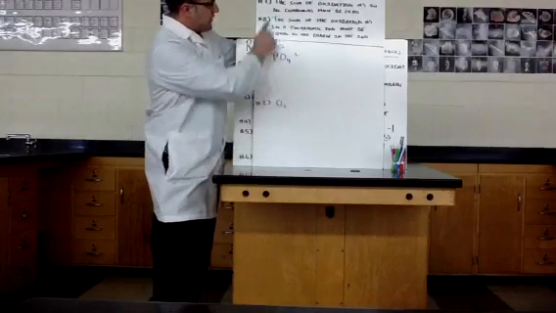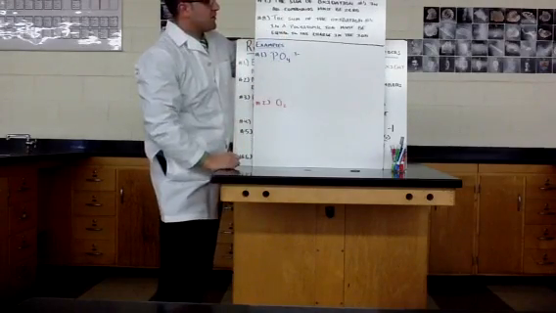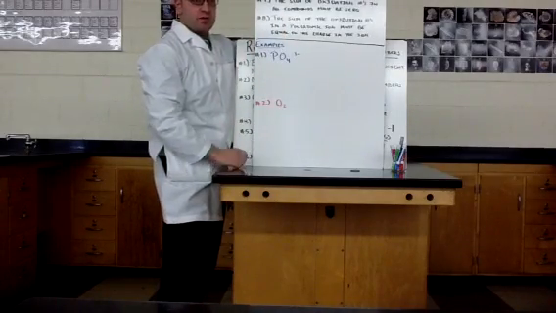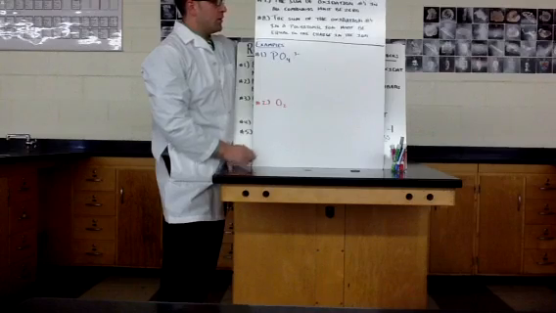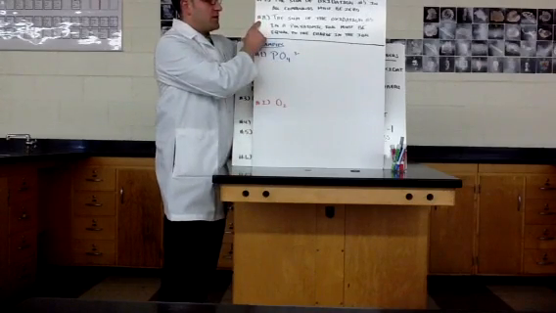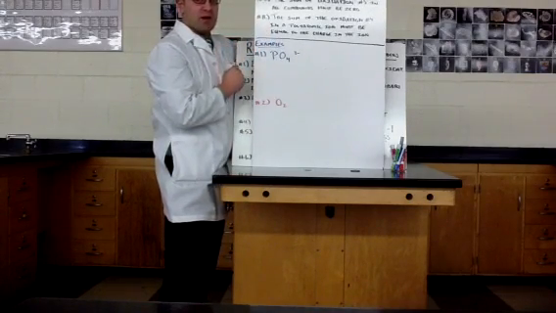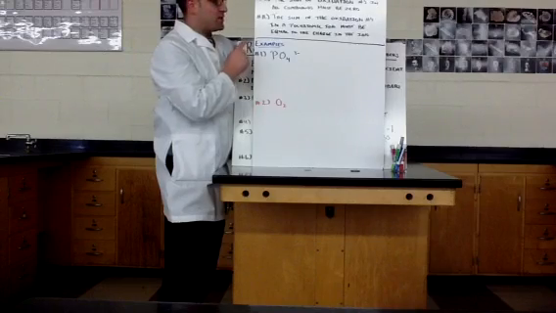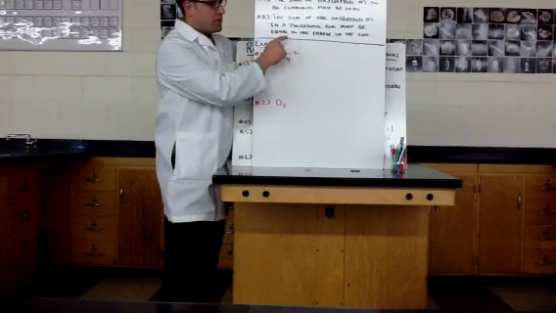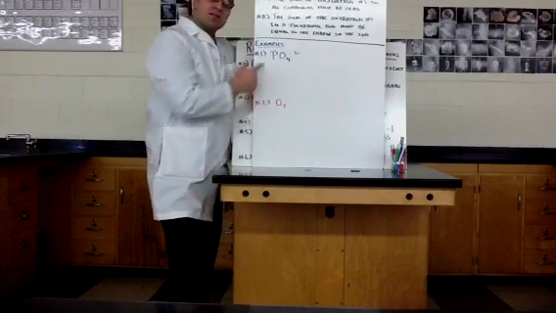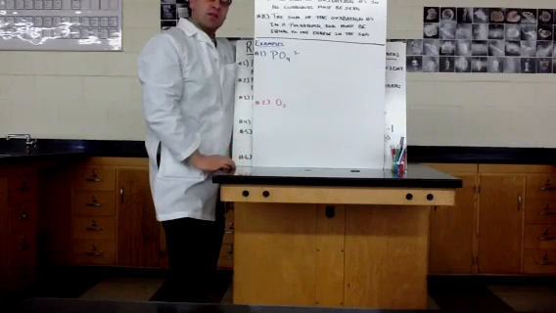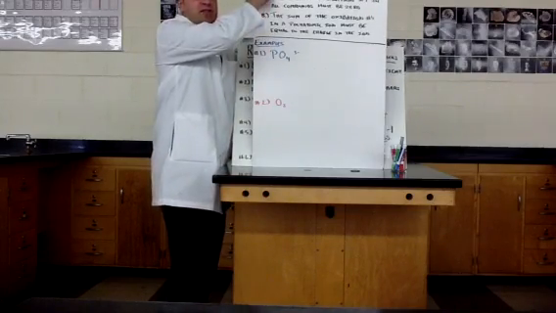Rule number 7: the sum of oxidation numbers in all compounds must be equivalent to 0. And rule number 8: the sum of oxidation numbers in a polyatomic ion, so many atoms bonded in a compound, is going to be equal to the charge on the ion. So let's see how these rules apply to us in chemistry in assigning oxidation numbers.